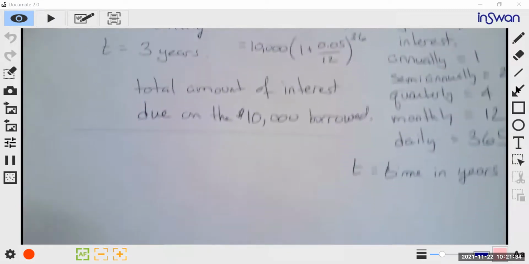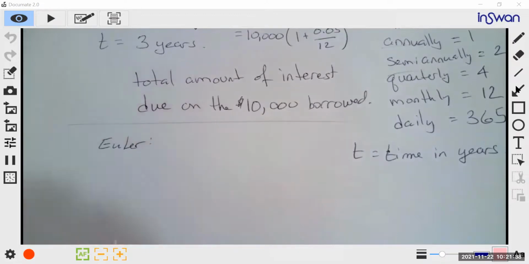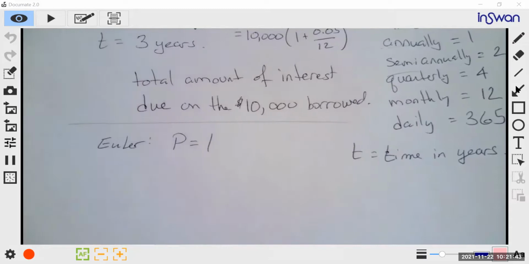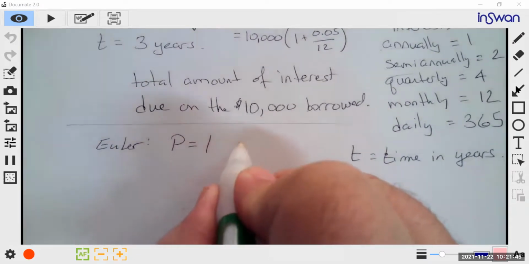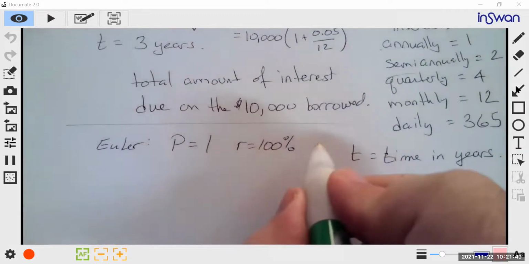A mathematician named Euler decided, well, what if I borrowed $1 at a rate of 100% for 1 year?